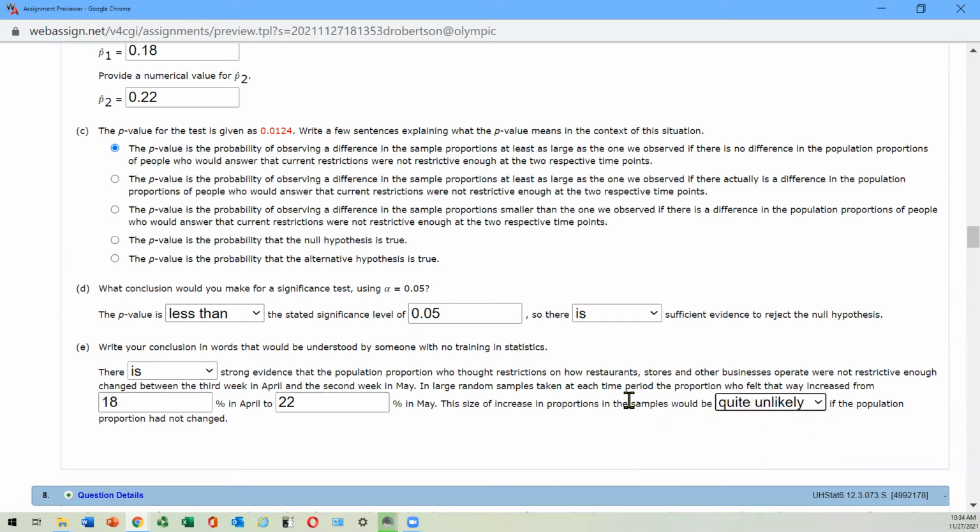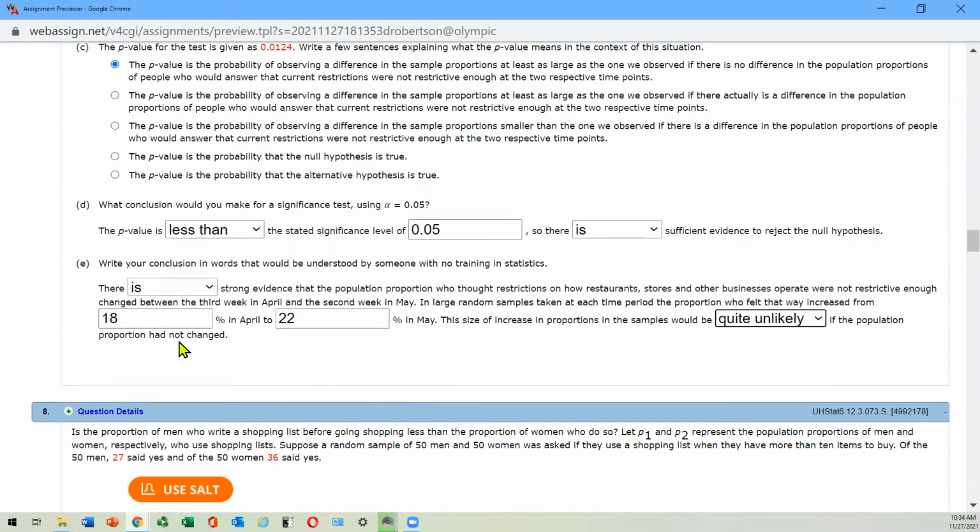And the size of increase in proportion in these two samples would be quite unlikely if the population proportions had not changed. Which is what we do in a hypothesis test.